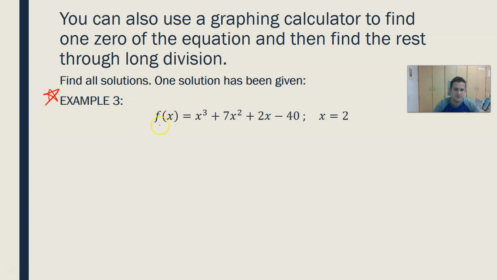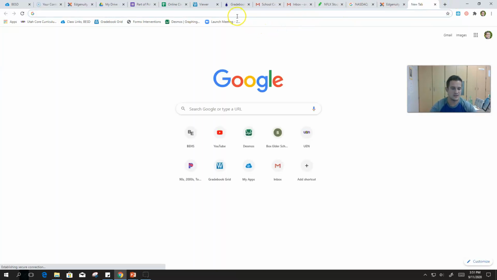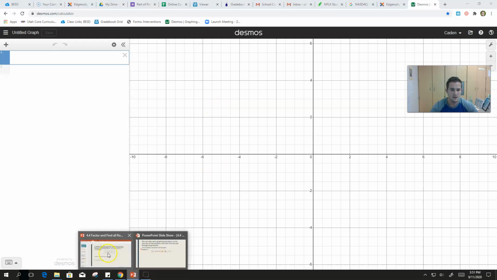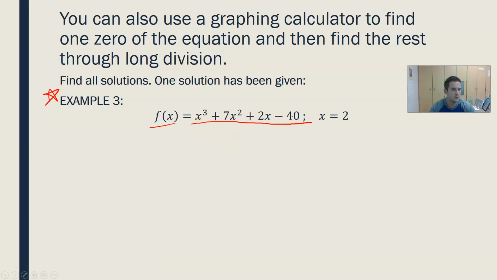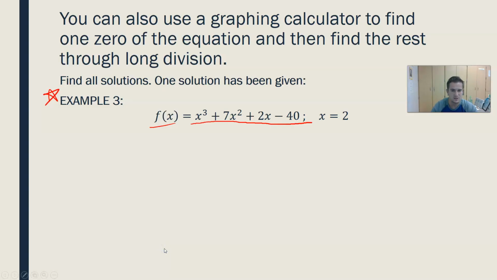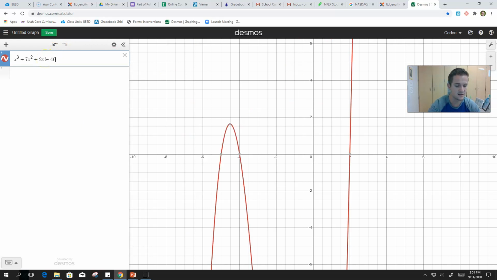So I have f of x equals x cubed plus 7x squared plus 2x minus 40. Real quickly, I'm going to go ahead and take us to Desmos, and I'm going to graph this function for you. What was it again? We had x cubed plus 7x squared plus 2x minus 40.